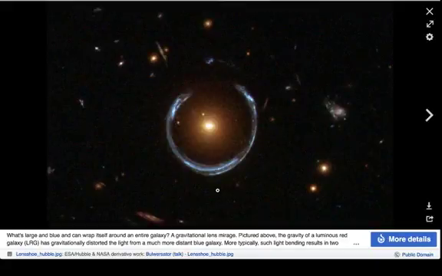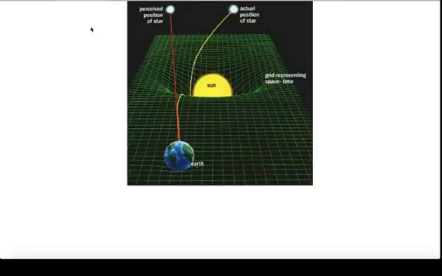So when we use the sun as a gravitational lens, the focal point, we are assuming that it would be directly on the other side of the sun from where our receiver is. Now we can go in different directions around the sun to choose where we want our receiver to be, but wherever we choose our receiver to be, the source needs to be directly on the other side.